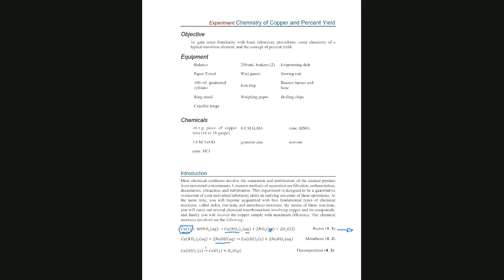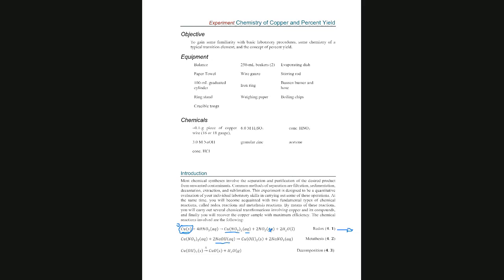Basically, what represents the oxidation state? It's the number of electrons that any atom can gain or lose or share when it's bonded with a different atom. And one of the rules, there are many rules, is that all free elements have an oxidation number of 0. So copper is a free element, it's not combined. So copper is oxidation state 0.